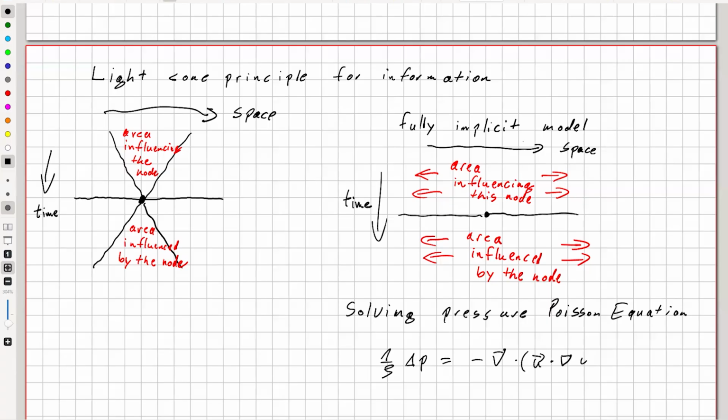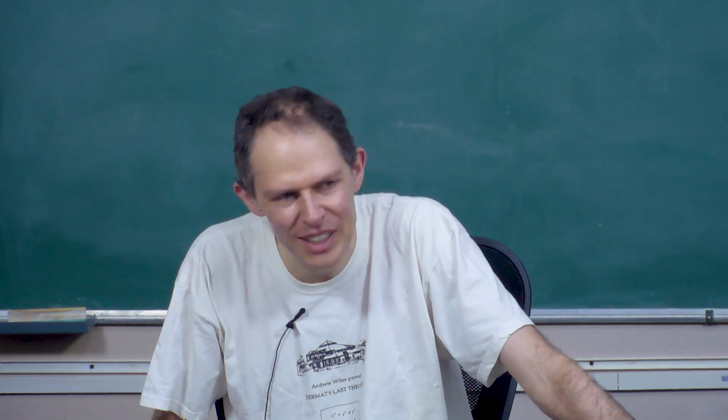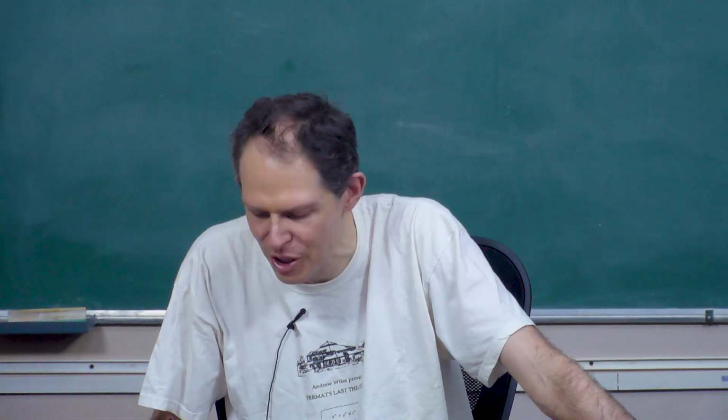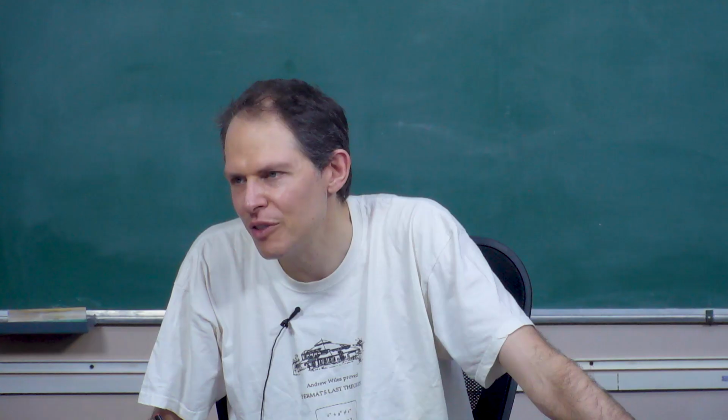I guess you are familiar with these operators that are also here. The Laplace operator on P, so the second derivative of the pressure, is this strange thing here of the velocity.